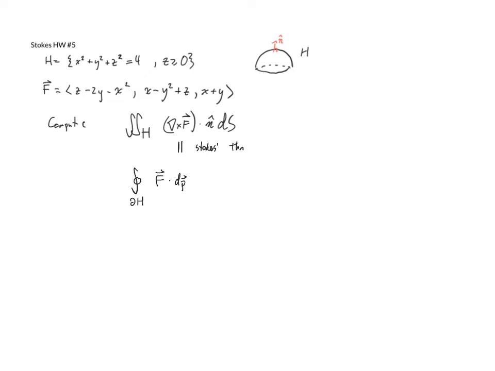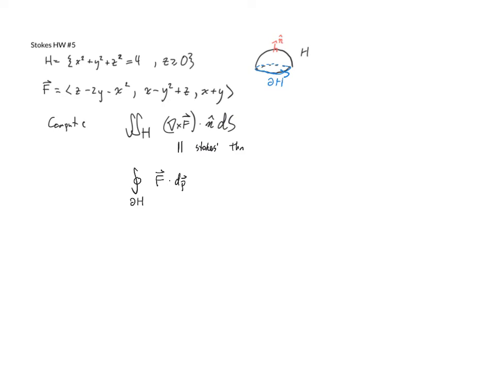And the boundary here, let me draw it, is this guy. So the boundary of H, by the orientation, the upward normal orientation, is going to be oriented counterclockwise when viewed from above.